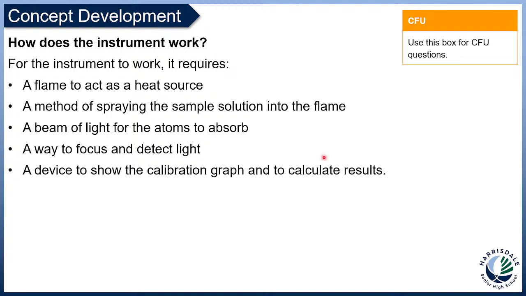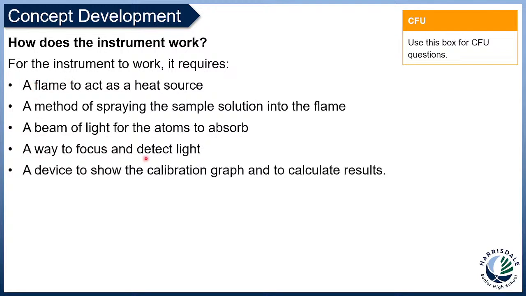How does the instrument work? For the instrument to work, it requires, first of all, a flame, which will be your heat source, a method of spraying the sample into the flame, and also a beam of light that is shooting a specific wavelength of light through this sprayed sample that has been inside the flame.